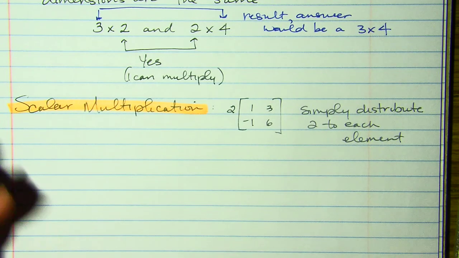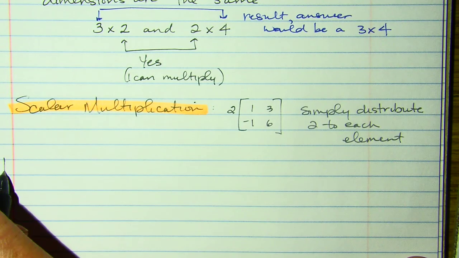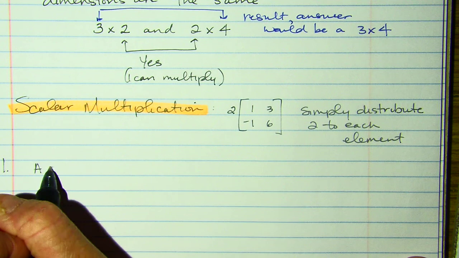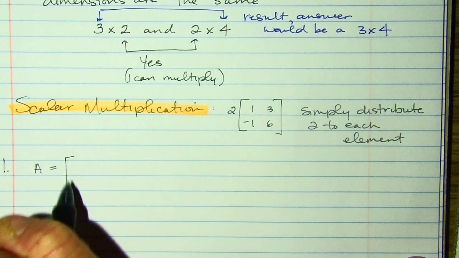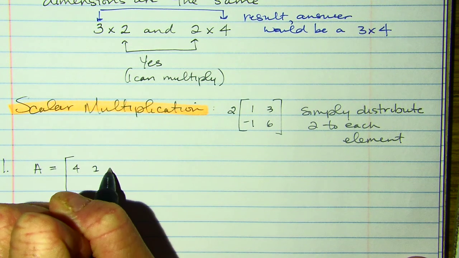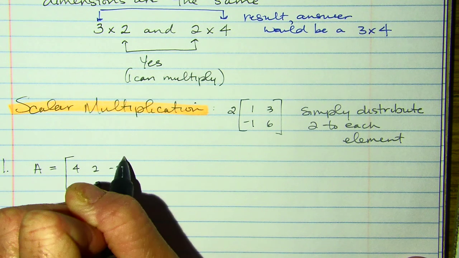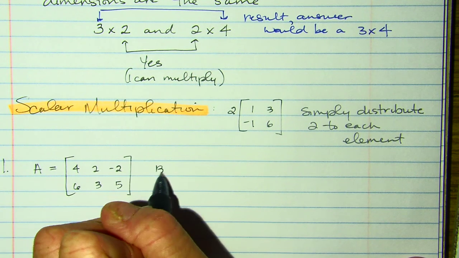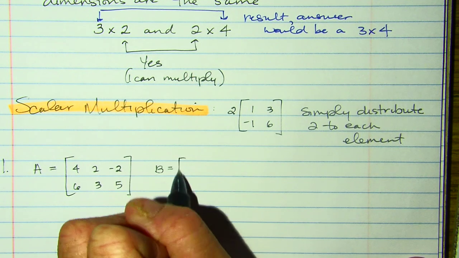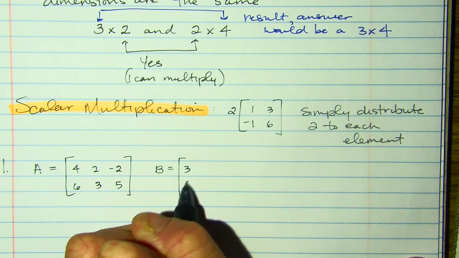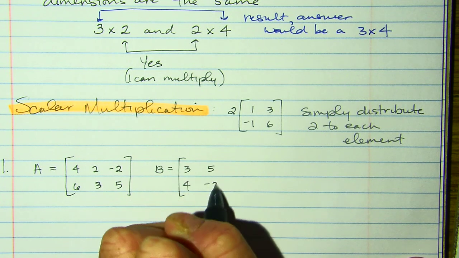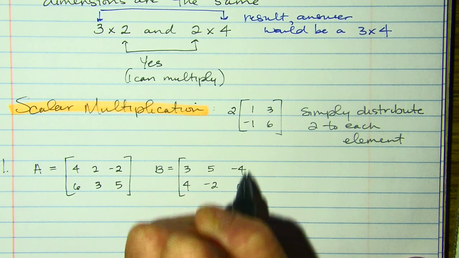All right, so number 1, matrix A equals 4, 2, -2, 6, 3, 5. Matrix B equals 3, 4, 5, -2, -4, and 6.